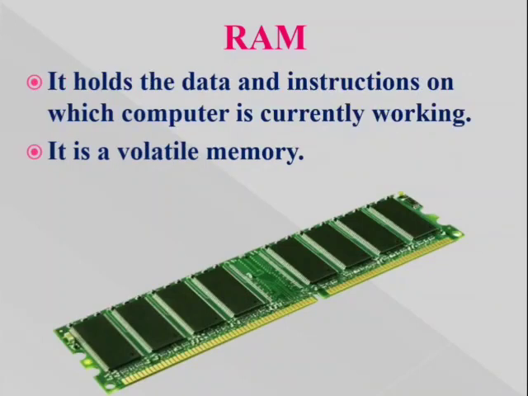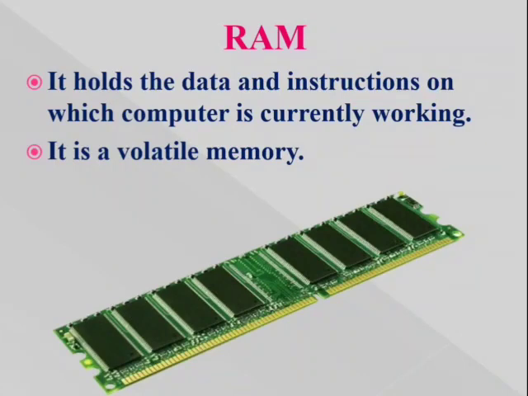It holds the data and instructions on which computer is currently working. For example, when a computer starts, it loads the operating system into RAM. And when you are working on any program, you are actually working on the program loaded in the RAM.